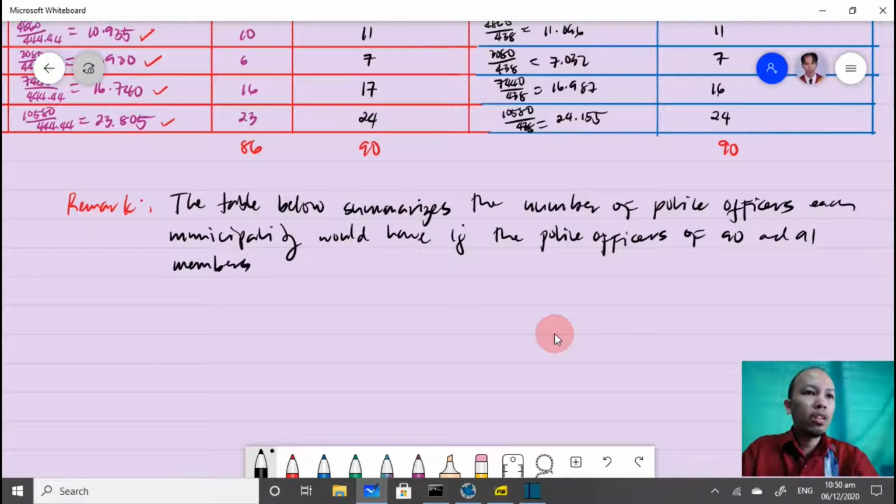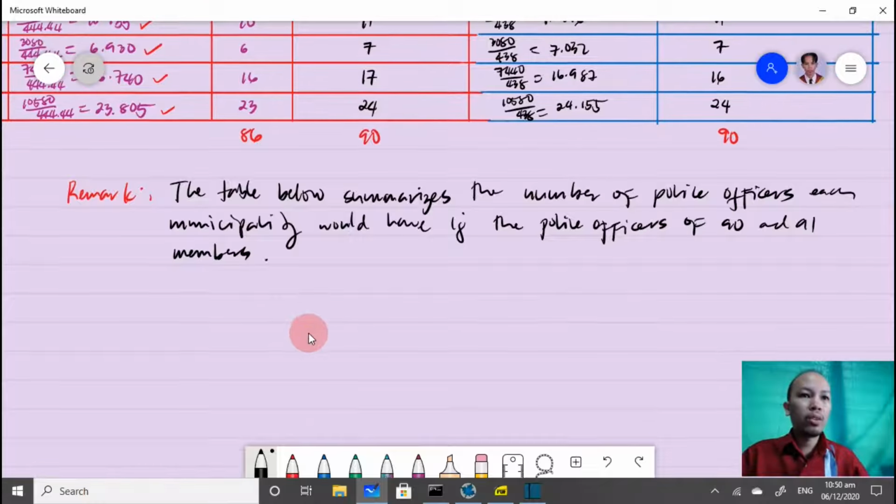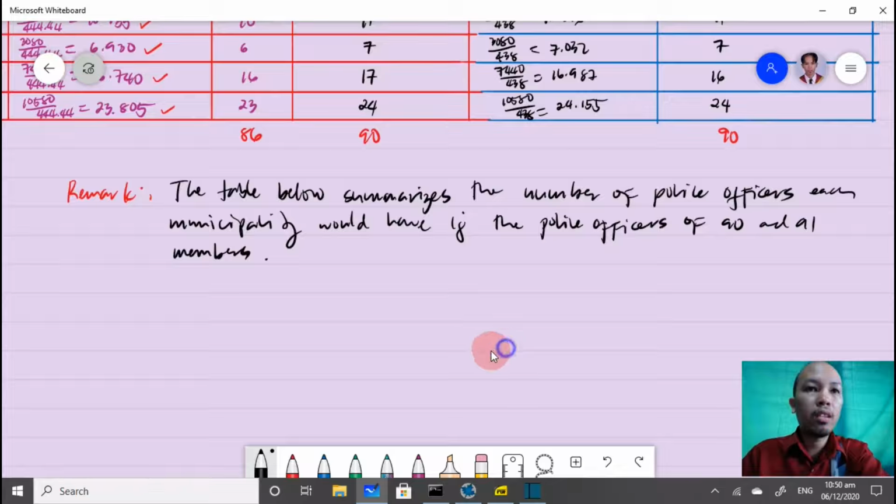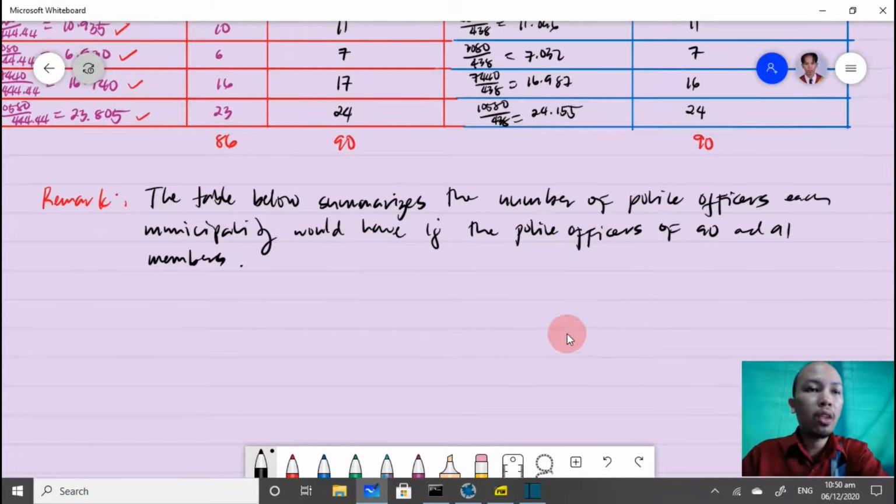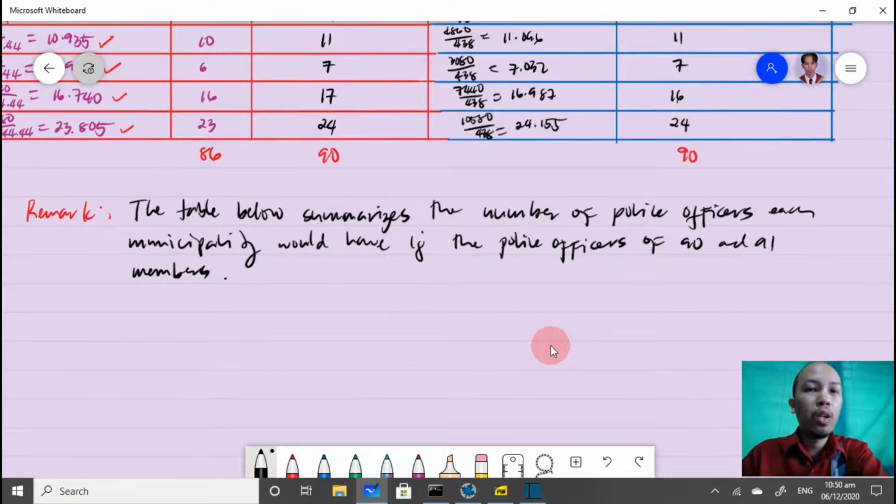Okay, the table summarizes the number of police officers each municipality would have if the police officers are 90 and 91 members. So I played when I tried to add one more.